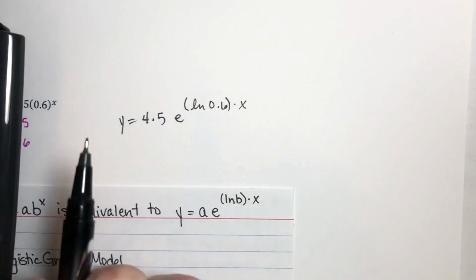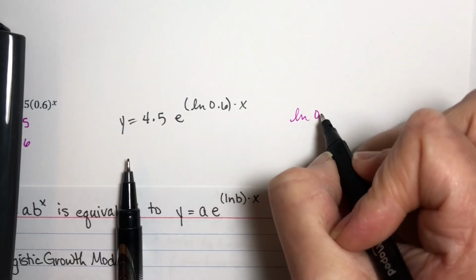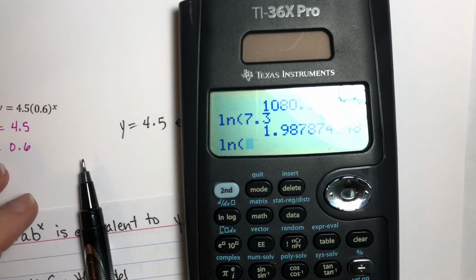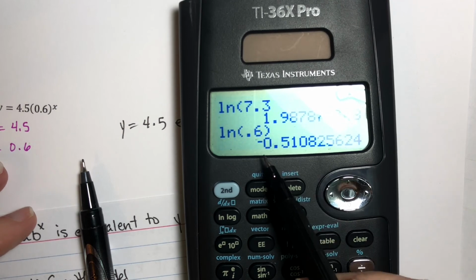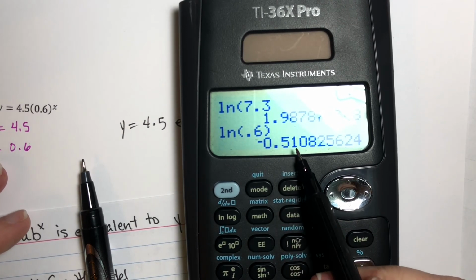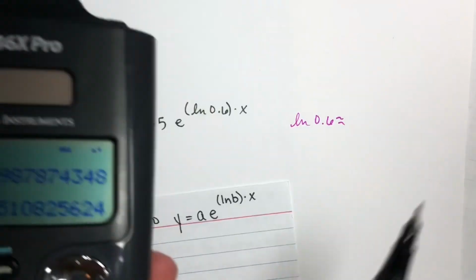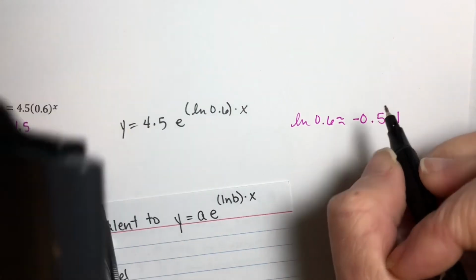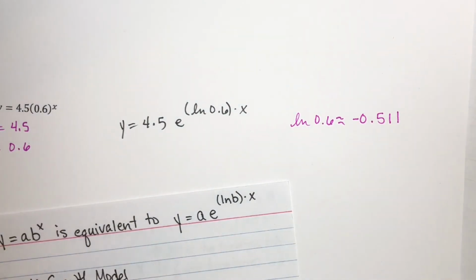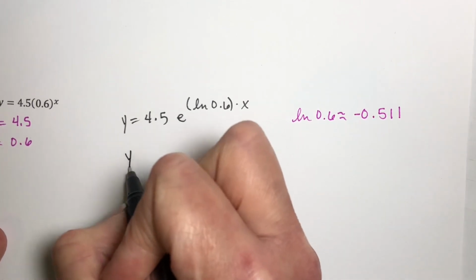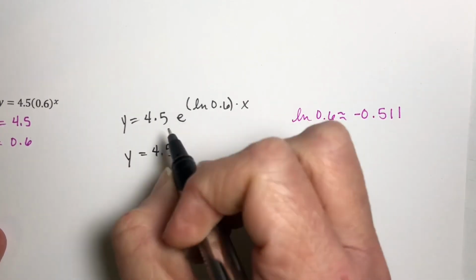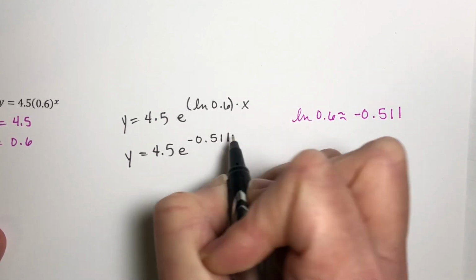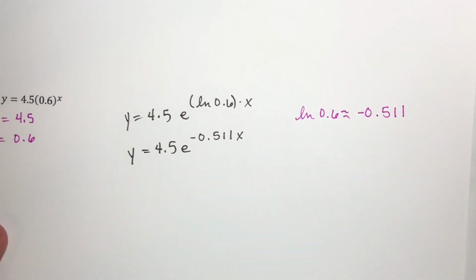So let's find out what natural log of 0.6 is approximately equal to. It's approximately negative 0.511. So you rewrite that last equation as 4.5 e to the negative 0.511x. And that is the second part of your answer.